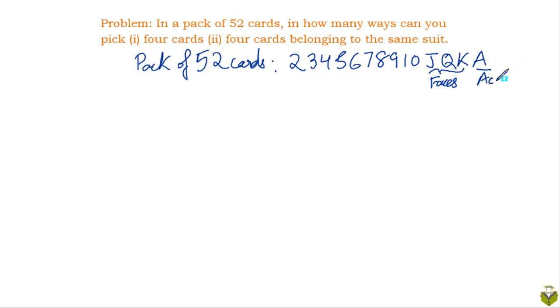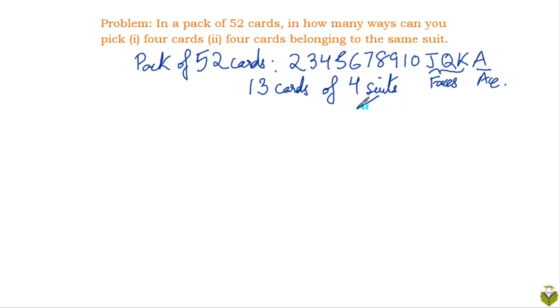and this is an ace. So you have a pack of 52 cards with 13 cards of 4 suits. You have these 13 cards, but there are 4 different suits for each of these 13 cards. So you have 13 into 4, that is 52, right?